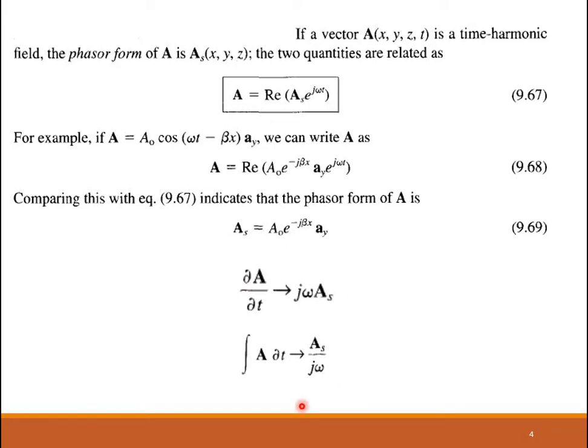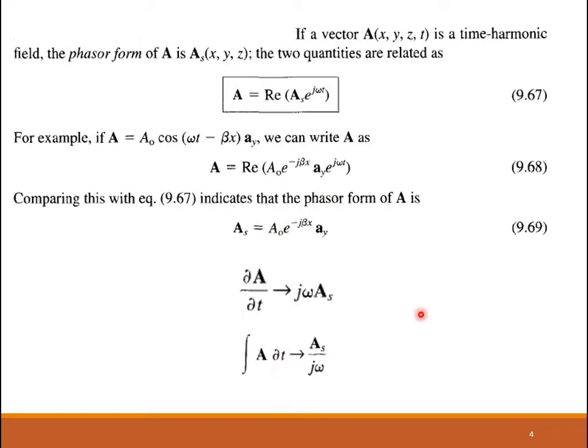Please go through those equations as well, because the wave equation in phasor form is going to be derived based on Maxwell's equations in phasor form. So you should know those equations. Those who have forgotten, please look up your textbook or notebook and go through those equations also. So this is how the relation holds true.